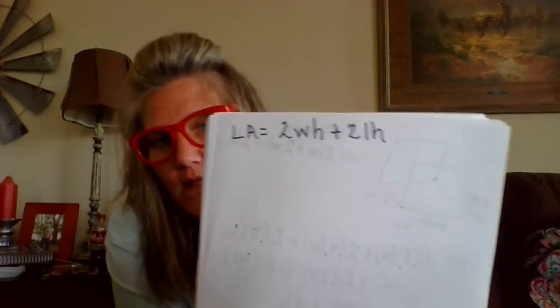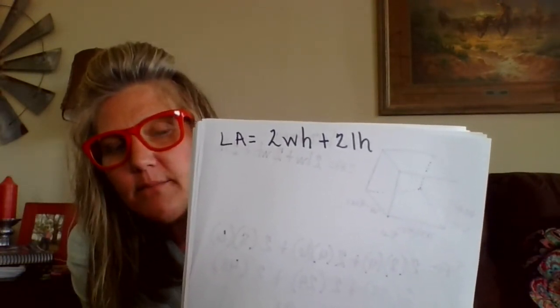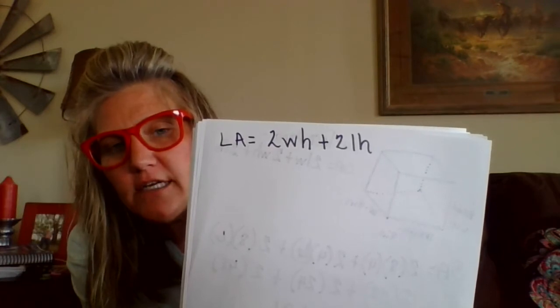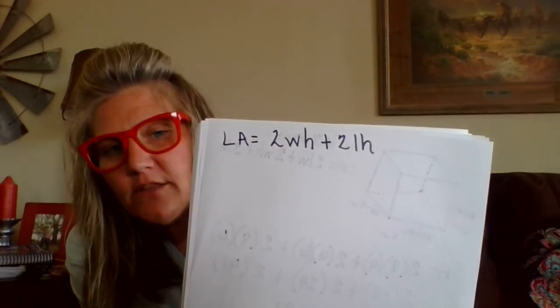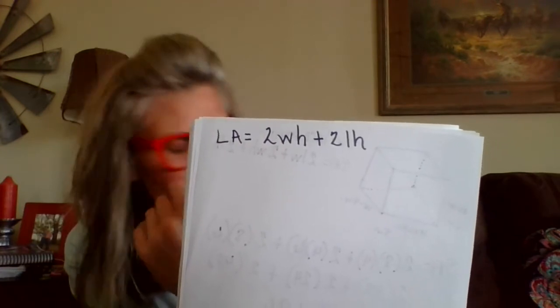So you're not including the bases. You're doing the width with the height, but you're not going to do the width with the length, okay? So that's what you're taking out.